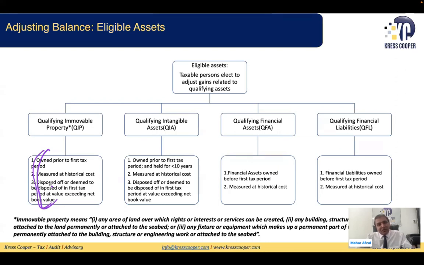Any area of land on which you have the right, and you can create your interest. Any building or infrastructure attached to the land permanently or attached to the seabed. Any fixture or equipment. This is a very common definition of the immovable property. So immovable property, qualifying intangible assets, qualifying financial assets, qualifying financial liabilities. These 4 are the qualifying assets for which businesses can opt out. Pre-tax gain should not be subject to corporate tax.